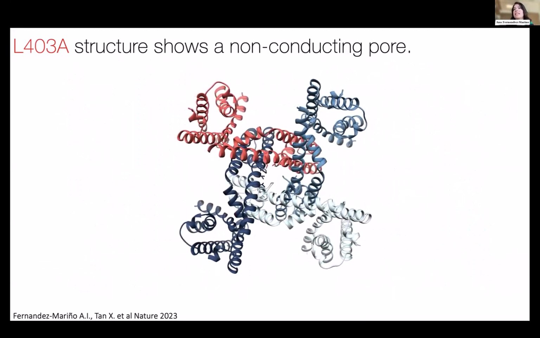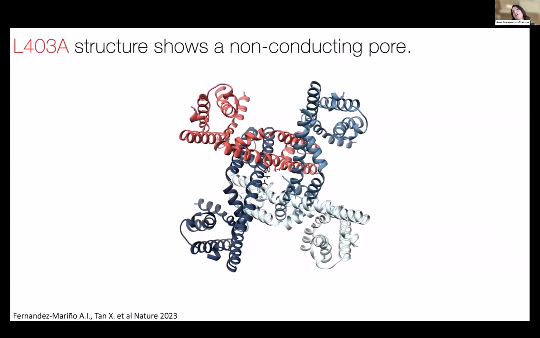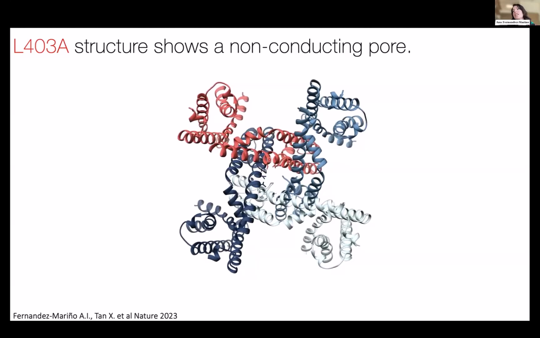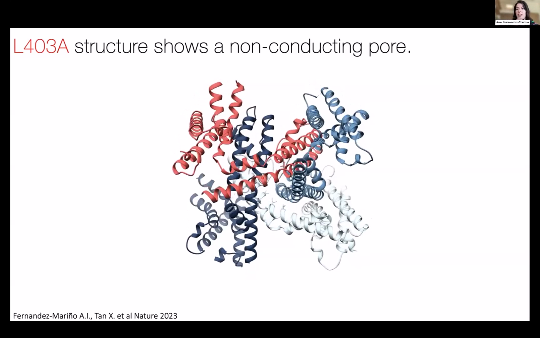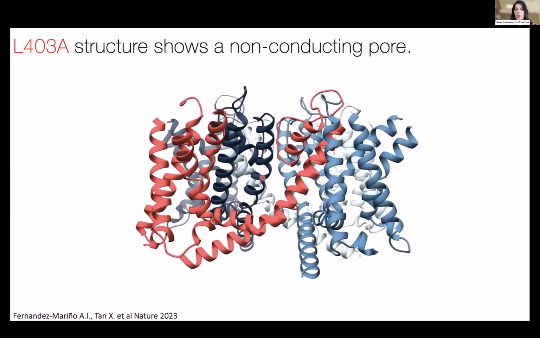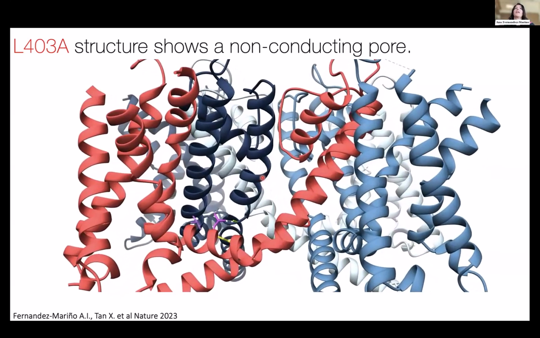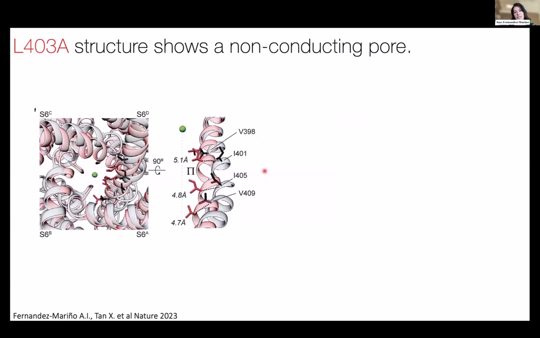So you can see this S6, and you can see how in the L403A mutant structure, those side chains of the S6 are rotating and occupying that permeation pathway. So just so you can see a screenshot of the wild type versus the mutant, this is the S6 helix, and you can see how now the side chains are exposed towards the permeation pathway, producing that constriction.